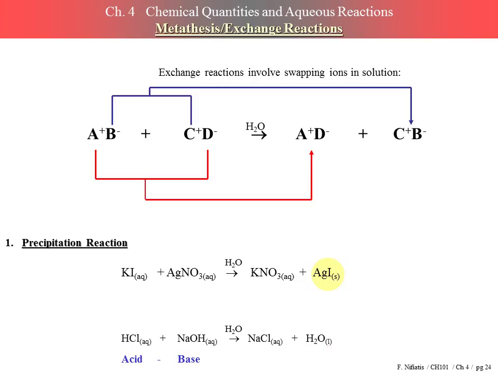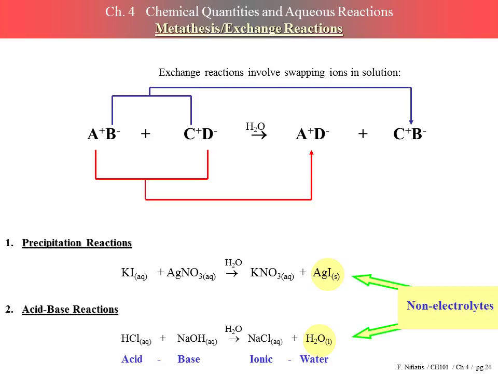An acid-base reaction gives an ionic compound and water. Water is a non-electrolyte as a covalent compound. This is a non-electrolyte and this is a non-electrolyte.